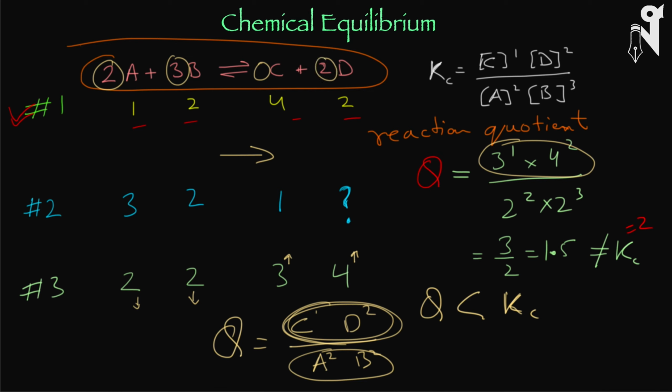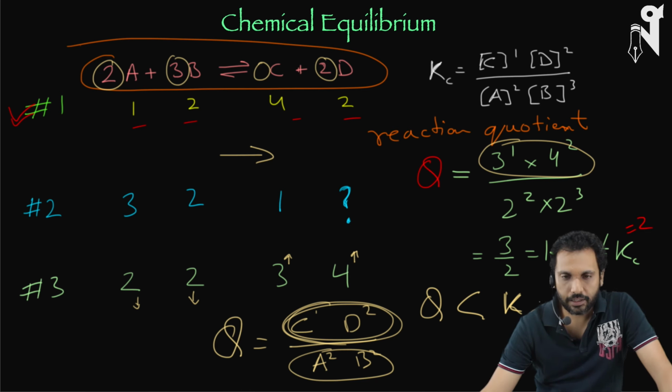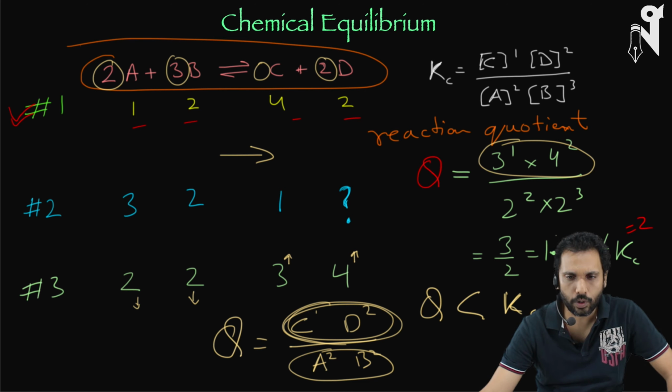balanced reaction. So AB is going to go down, CD is going to go up, so that the numerator increases, the denominator decreases, and this value 1.5 goes up a bit and matches 2. It becomes 2.